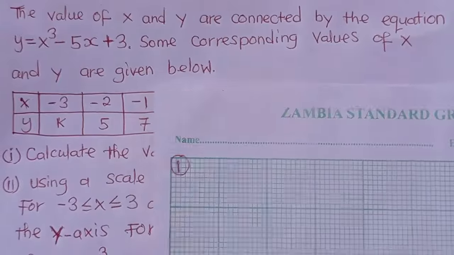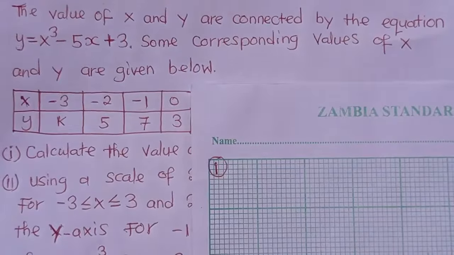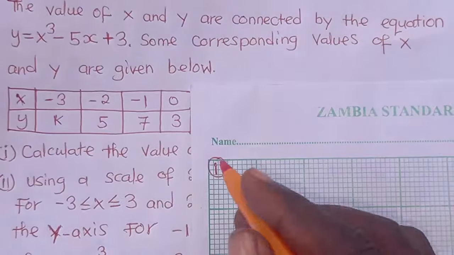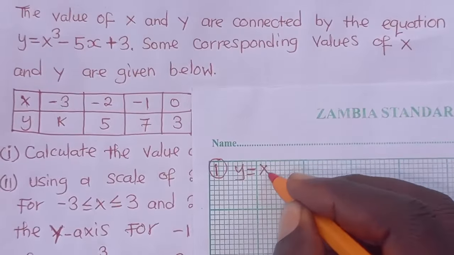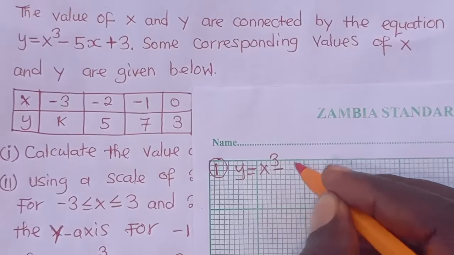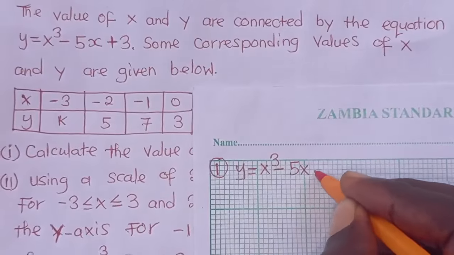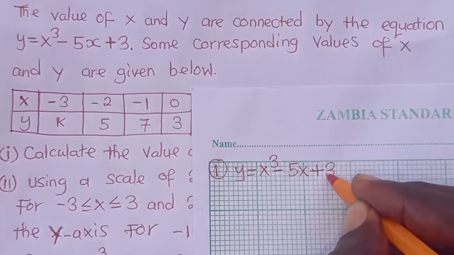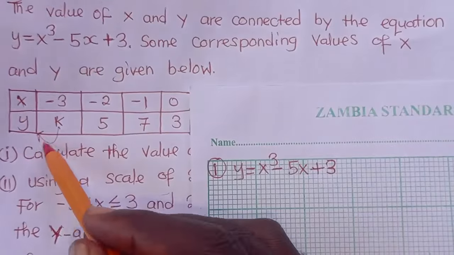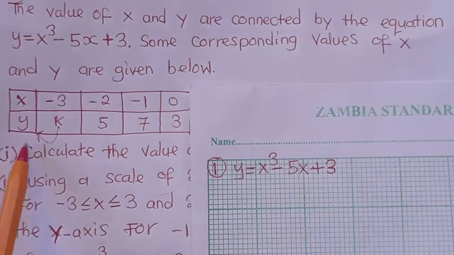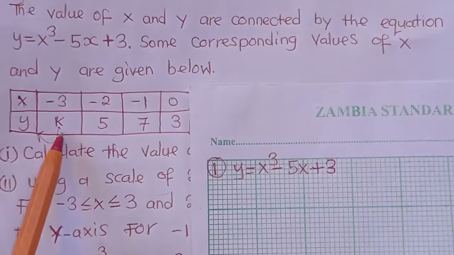How then do I find the value of k? For me to find the value of k, I write the equation. That is y is equal to x cubed minus 5x plus 3. This is the equation. As you can see, you are told to find the value for k. K is in the y-axis. So this is to tell you that where there is y, you shall put k.